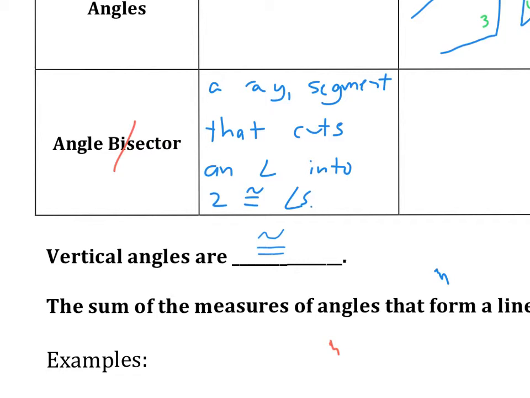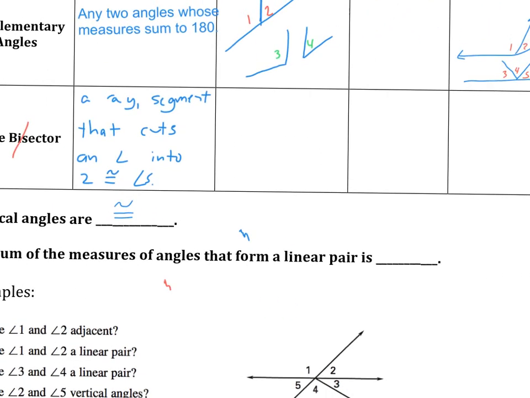This is the exact same idea as a midpoint, right? A midpoint divides a segment into two congruent segments. So instead of being one-dimensional about a line, this is two-dimensional. It cuts a two-dimensional object in half. So it's a ray or a segment. Technically, you could say line or plane or anything else like that. That cuts an angle into two congruent angles.